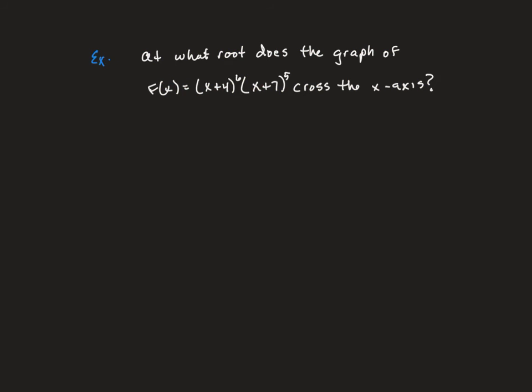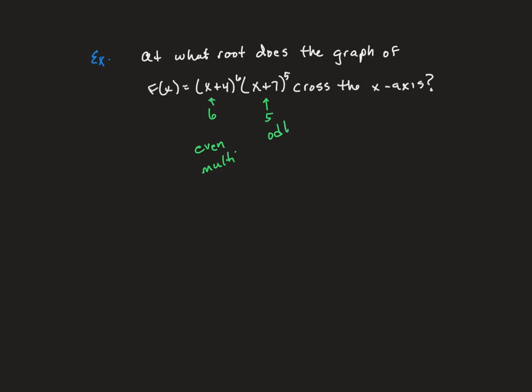Okay, so at what root does the graph of this function, f of x equals (x plus 4) to the 6th power times (x plus 7) to the 5th power, cross the x-axis? Well, the multiplicity of this root is 6. The multiplicity of this root is going to be 5, so this is even multiplicity.